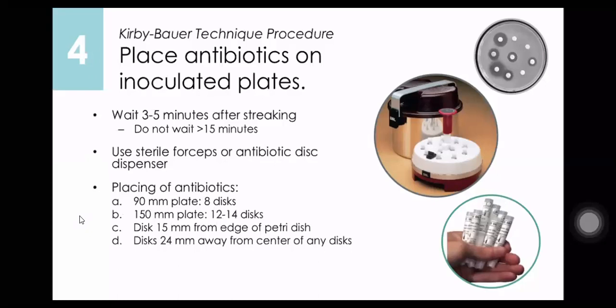And then the disc should be 15 mm from the edge of the Petri dish agar. From the edge we need to measure 15 mm, and each disc 24 mm from the center of any disc. So they should have a distance of 24 mm from any disc and 15 mm from the edge.